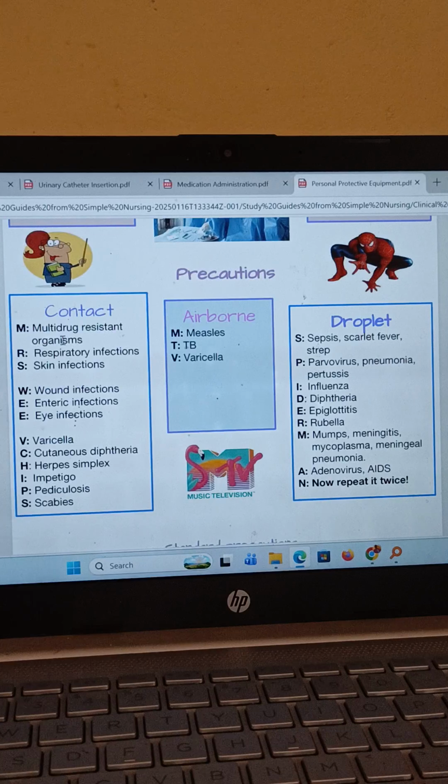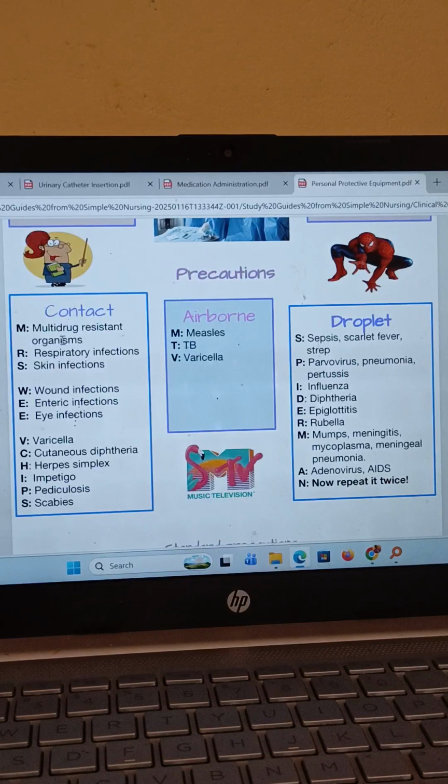That's all about droplet. S stands for sepsis and scarlet fever, not forgetting strep. Then P talks of parvovirus, pneumonia, and also pertussis. I talks of influenza. Then D talks of diphtheria. E talks of epiglottitis, droplet. R talks of rubella.